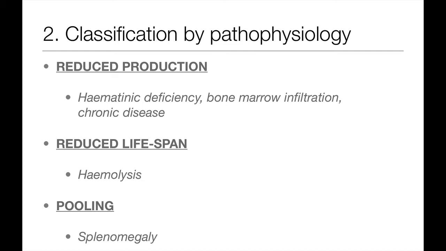You can also have anemias due to reduced lifespan of the blood cells, so there's no problem in actually producing these cells, but once they're out there, they are in some way phagocytosed or destroyed, and this is where we really see hemolysis coming in. And then finally, you can have another group due to pooling, such as in splenomegaly.